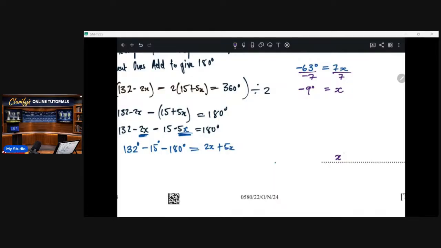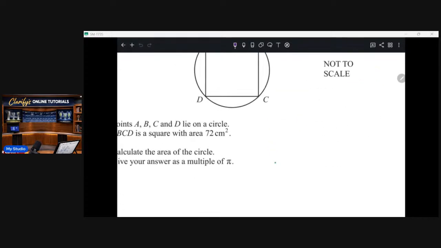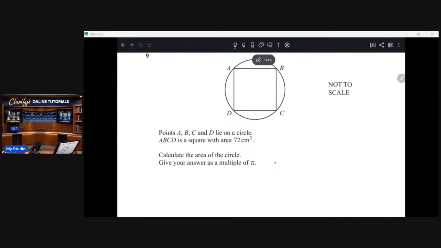Here, you get your negative 9. It's actually divided by a positive 7 so that you get a negative 9. That's the answer. Are we together?